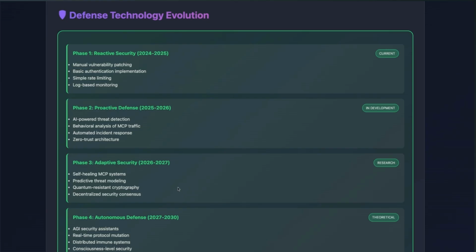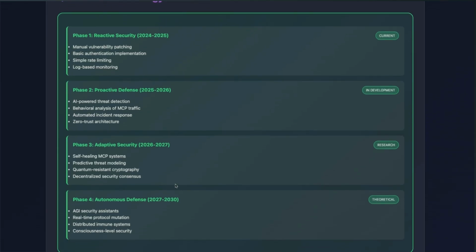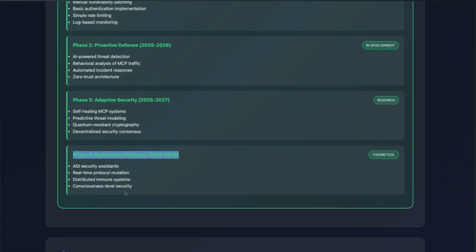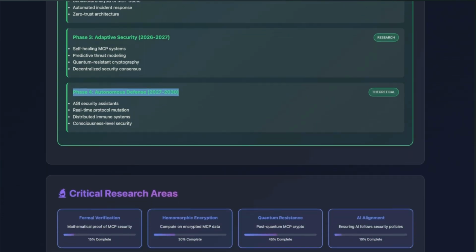And adaptive security, nice self-healing MCP systems, modifying the designs periodically to mitigate the attacks on their own. And autonomous defense, this is going to be awesome whenever we reach this phase. An autonomous defense system, a self-healing defense system where, based on attacks happening, the defensive mechanisms get enriched on their own. This is going to be an awesome era if it really happens.